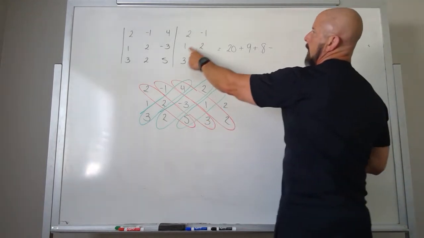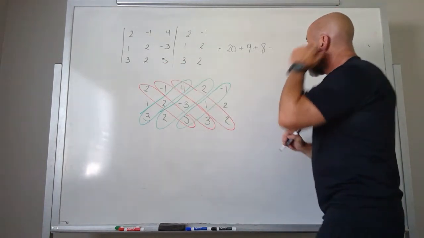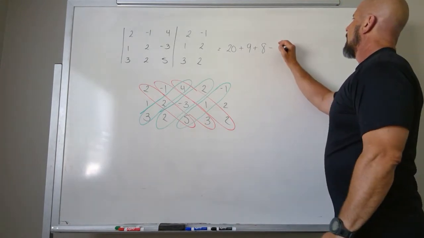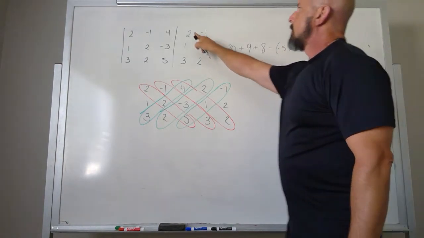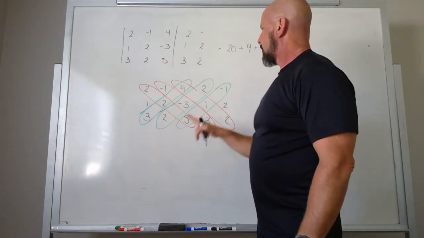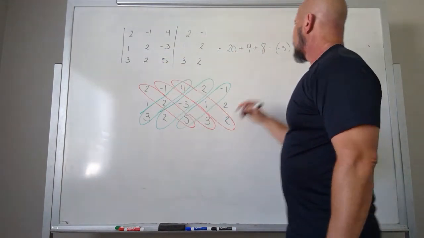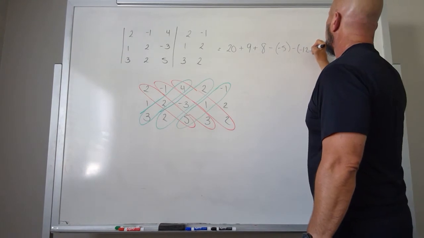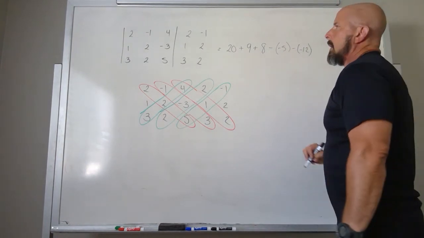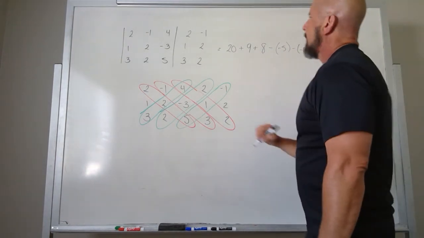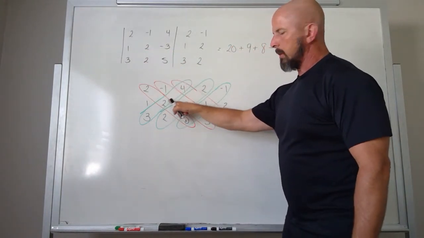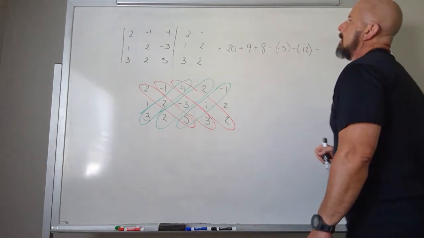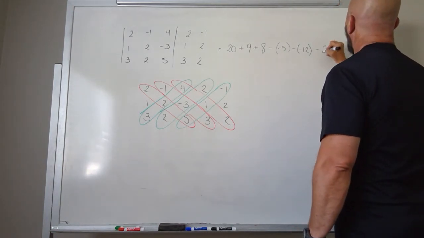So -1 times 5 is minus a -5. 2 times -3 times 2 is -12, so minus a -12. And then our last one, minus 4 times 2 times 3. Or if you look at this green, 4 times 2 times 3. So that's 8 times 3, 24.